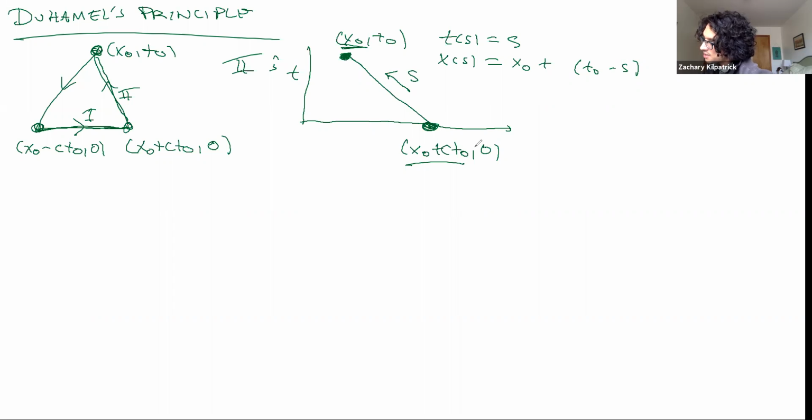But then when s is 0, I want this to be c times t0. And you can get more involved, and you can do a point slope formula or something like that. But here we're just guessing the right point slope formula. Okay. So that's our x of s there.